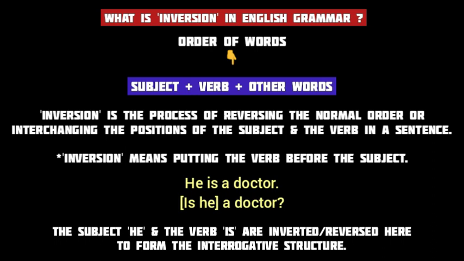For example, in the assertive sentence, he is a doctor, the subject he comes first, followed by the verb is. However, in the next sentence, the verb is placed before the subject he to ask a question or to form the interrogative structure. In this interrogative sentence, the subject he and the verb is are inverted to ask a question.